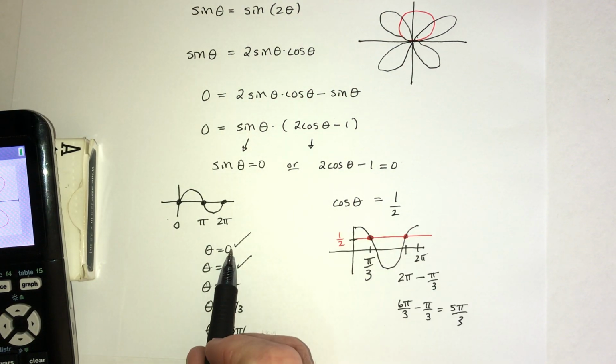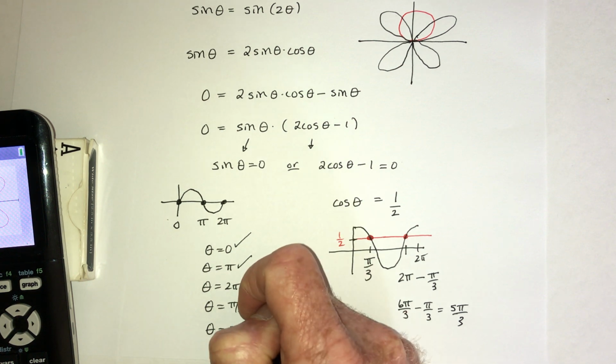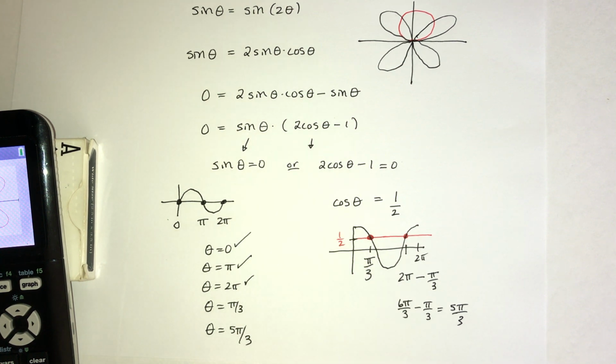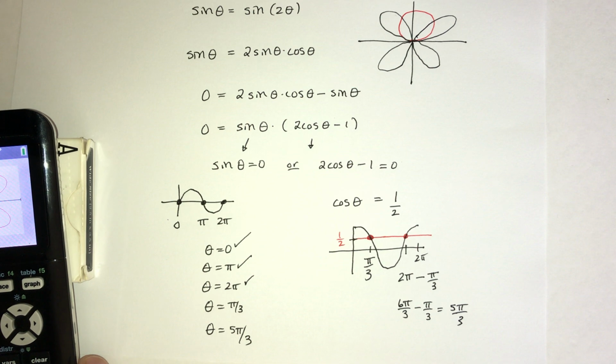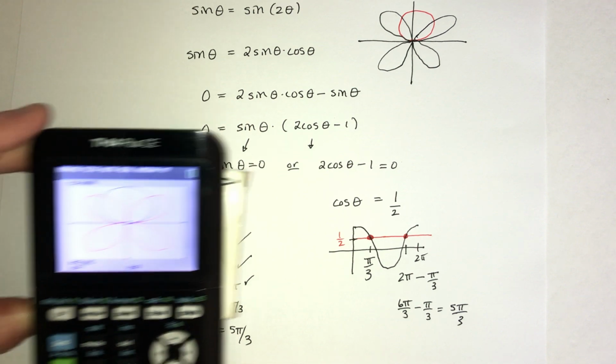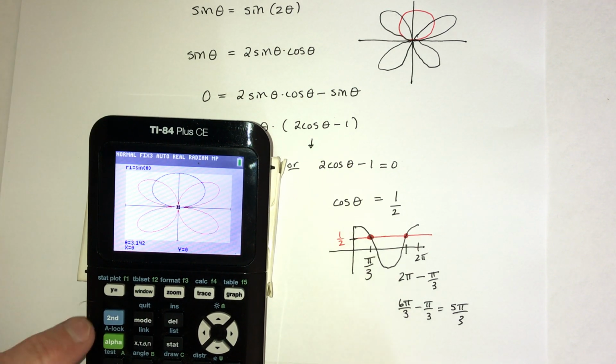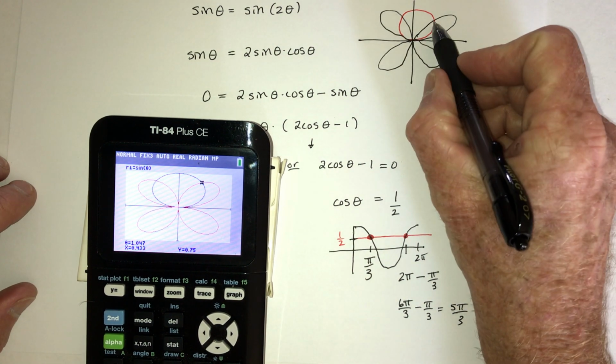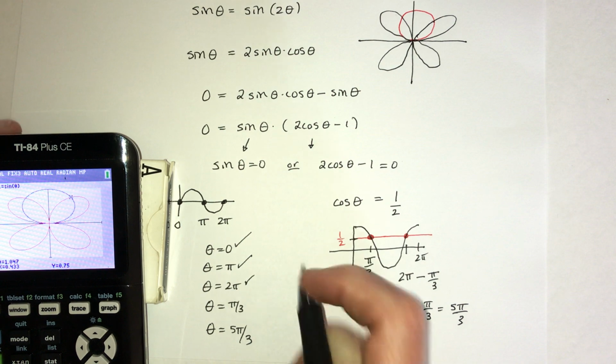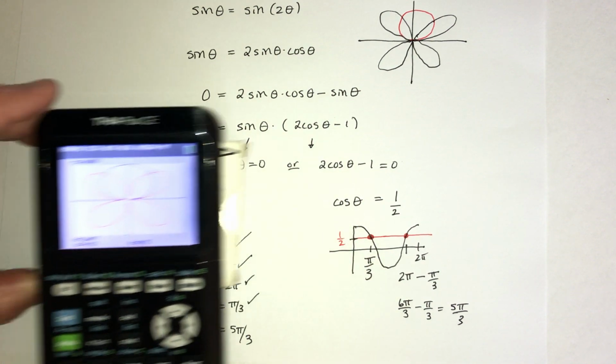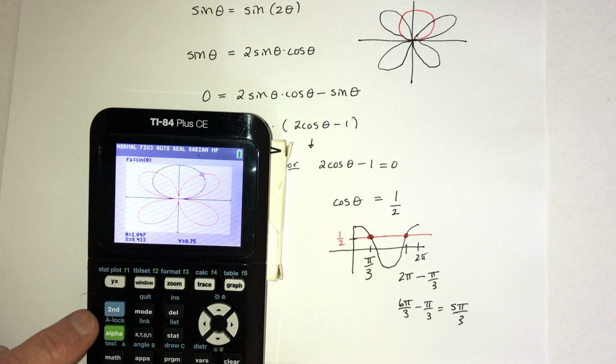And 2 pi is really the same thing as 0, so I guess technically that is true. What about pi over 3? So pi over 3, so that's that point right there, that's a keeper. And 5 pi over 3.